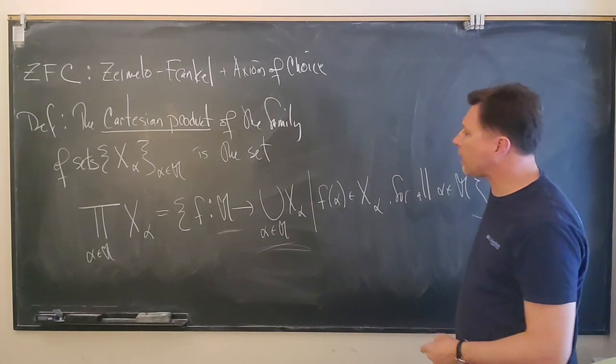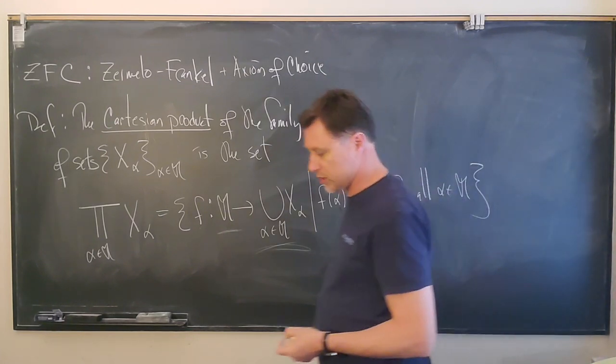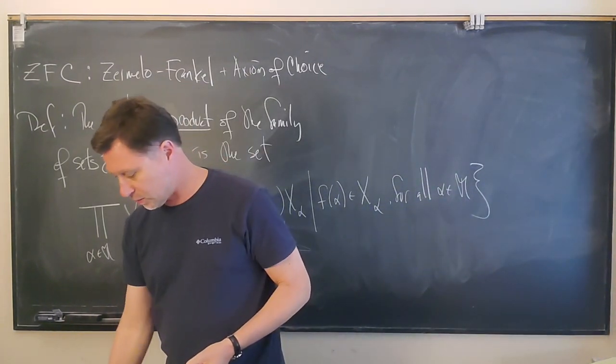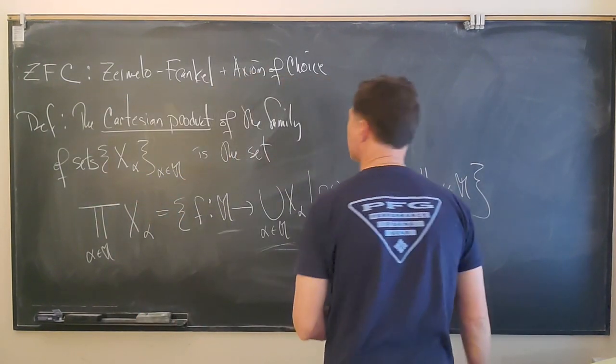So what I want to do now is show how this really does fit with our usual definition of what the Cartesian product is in the case that we have just a finite number. So let's say it like this.